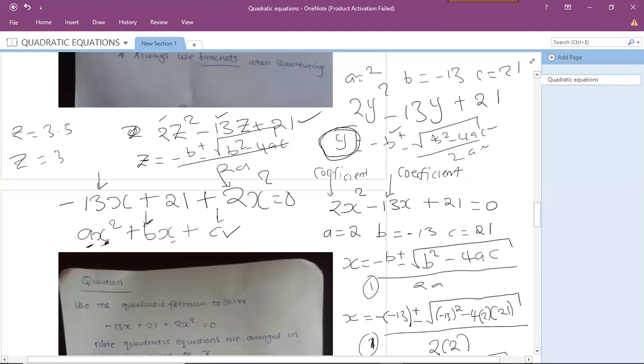If it was in the form of y, you would say y is equal to 3.5 or y is equal to 3. But here it was in the form of x. So we started our equation, because the unknown here was x, with 2x squared minus 13x plus 21, and we said x is equal to minus b plus or minus root of b squared minus 4ac, the whole thing over 2a.